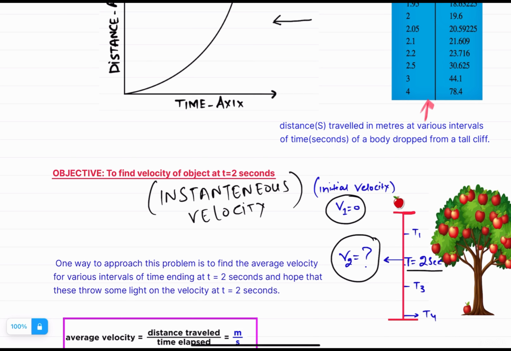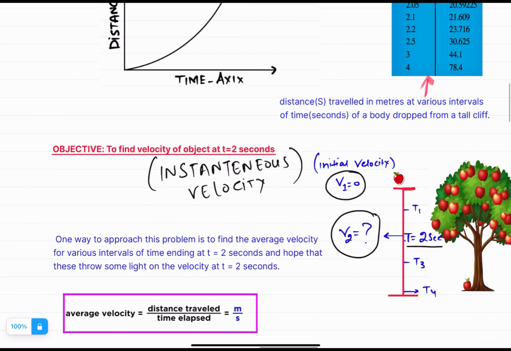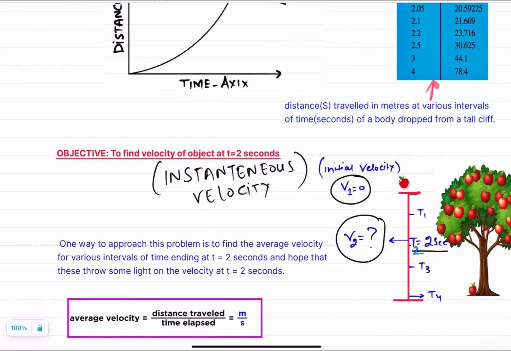But for this, we had to find the average velocity. This can throw some light on time equal to 2 seconds. We know that average velocity is equal to distance traveled divided by time elapsed. Now we have to find the average velocity for different intervals of time ending at t equal to 2 seconds.